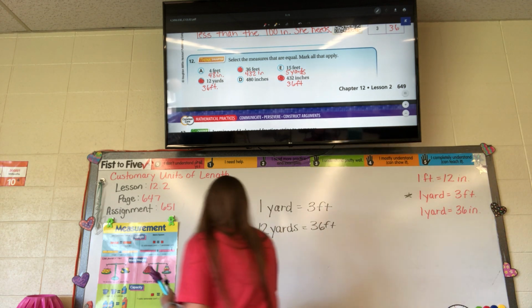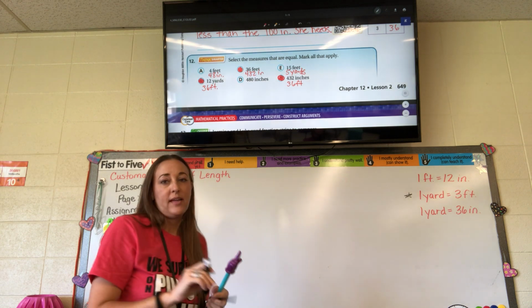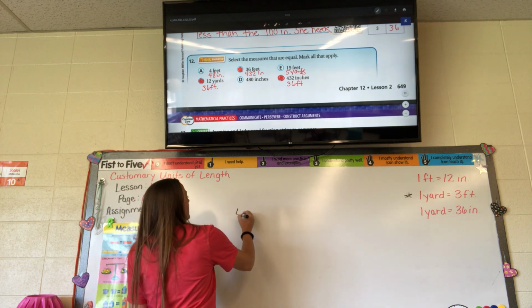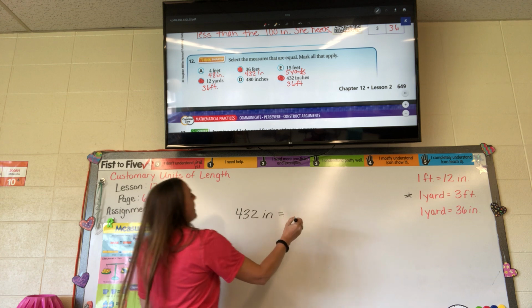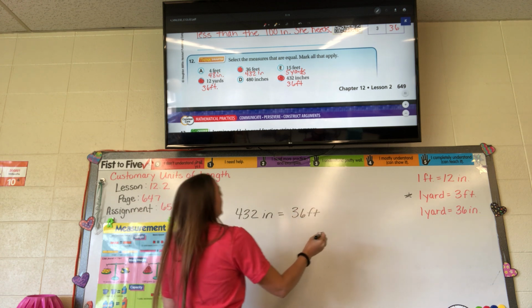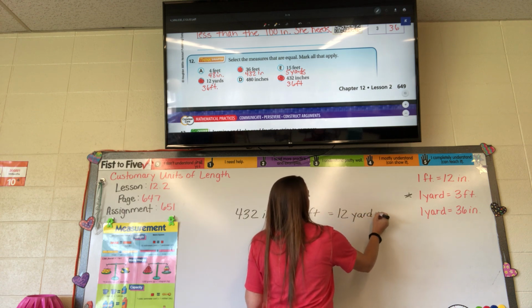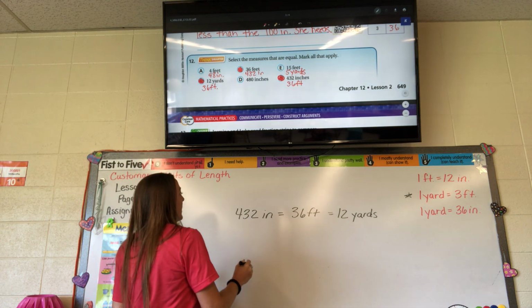So let's look at this one more time. Okay. Not the whole thing. Let's just make sure that 432 inches is the same as 36 feet is the same as 12 yards. Okay. Because I think it is. So we're going to just double check. Okay.